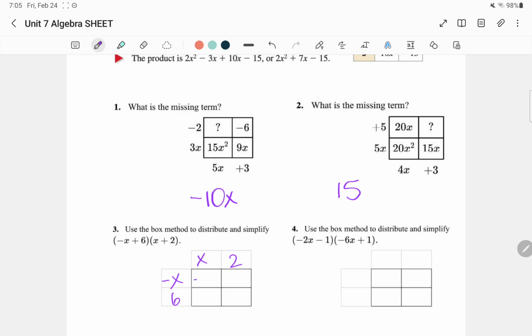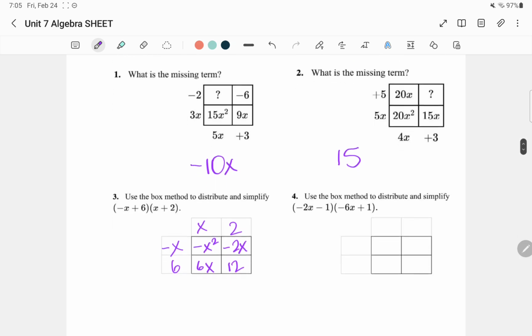That would be negative, because a negative and a positive is a negative, and x times x is x squared. -x times 2 is -2x. 6 times x is 6x. And 6 times 2 is 12.